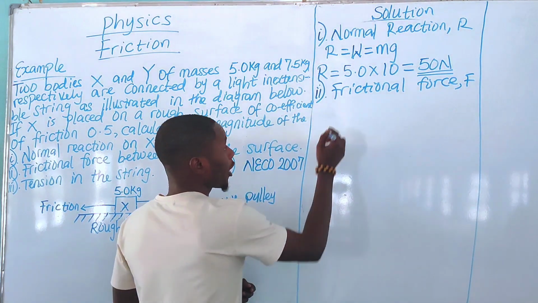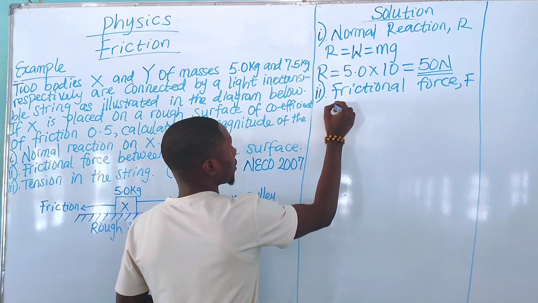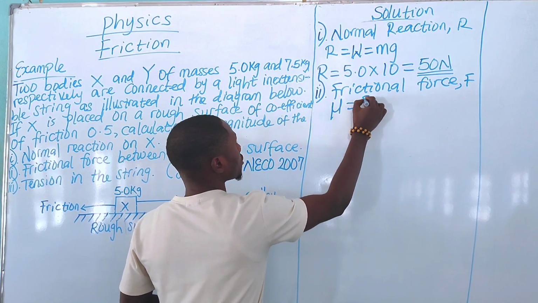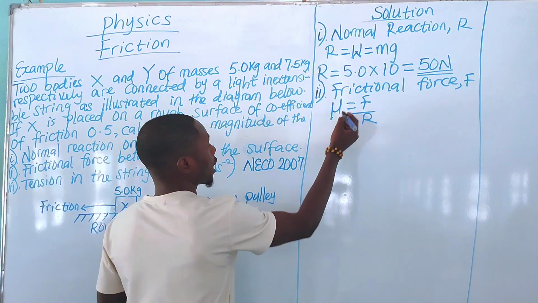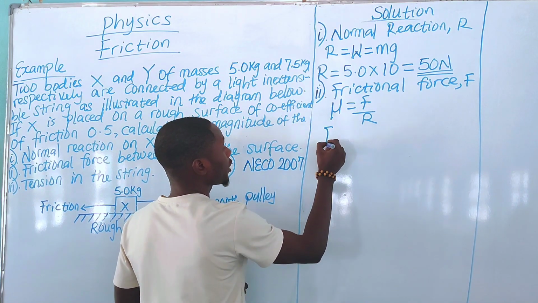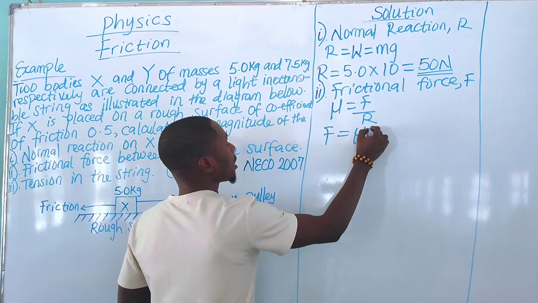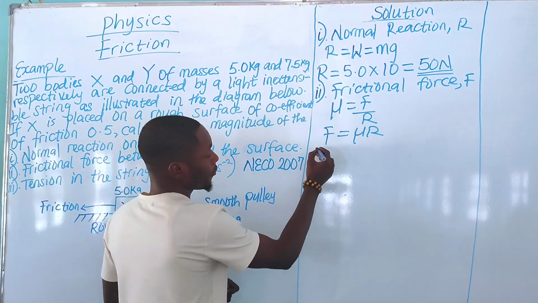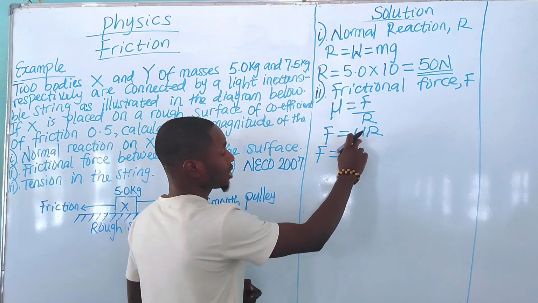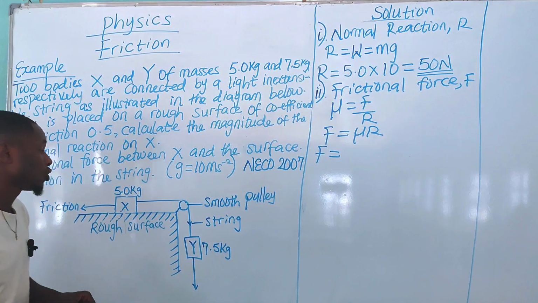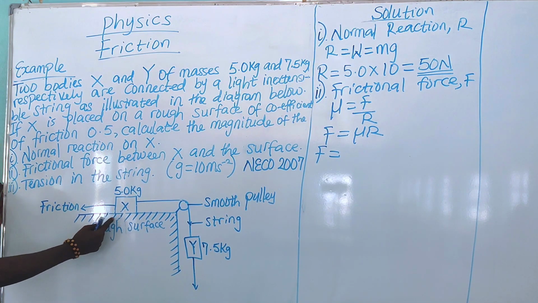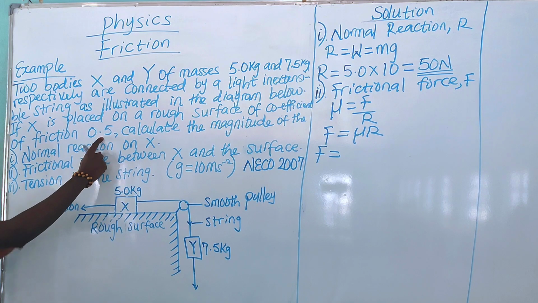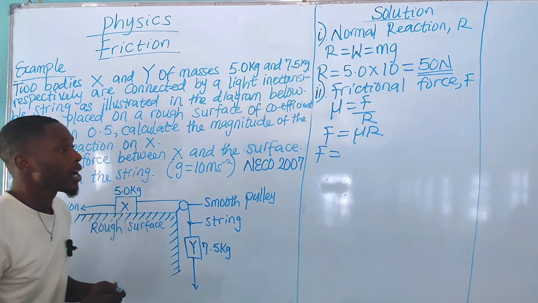Remember that the coefficient of friction mu is equal to frictional force over normal reaction. So cross multiplying, our frictional force becomes mu R. Mu is the coefficient of friction between this body X and the surface, which we are told from the question is 0.5.